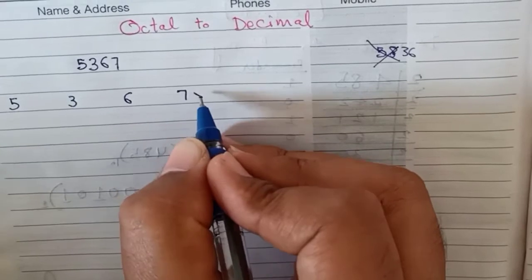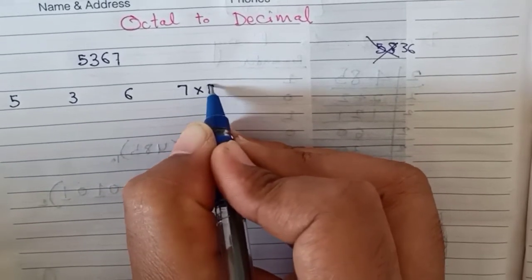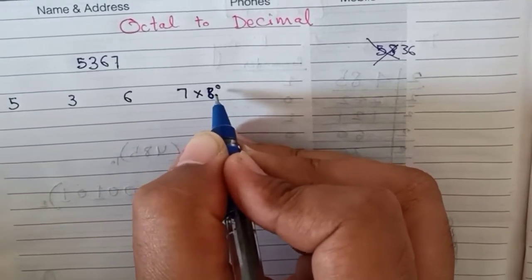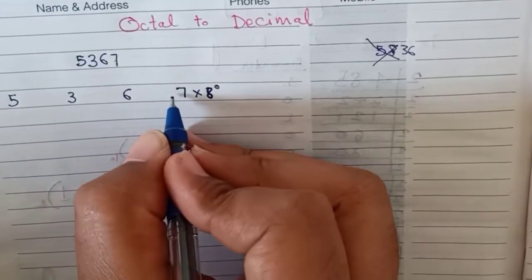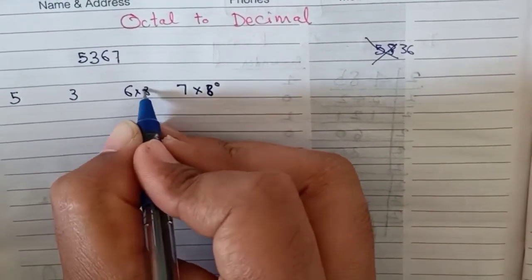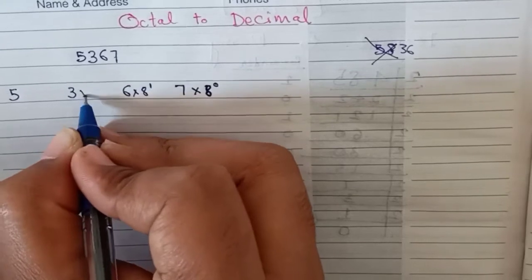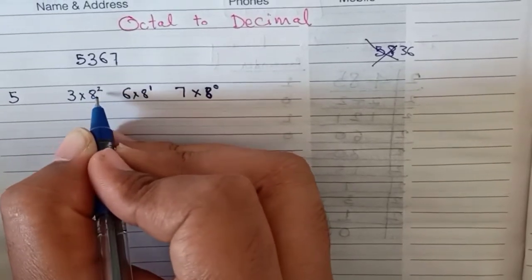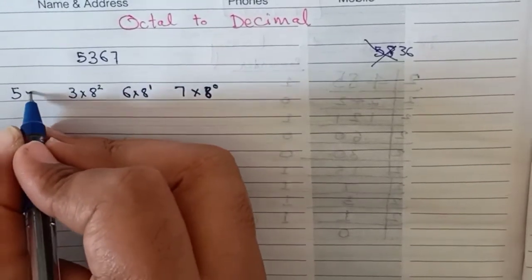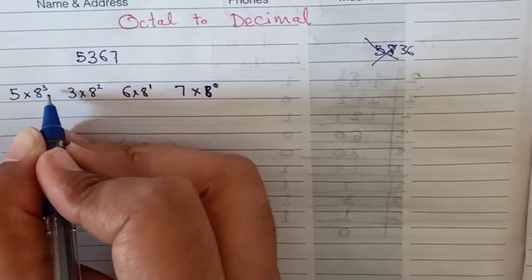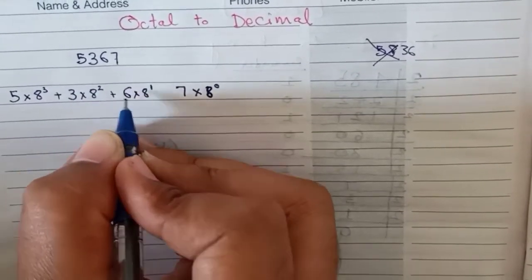So 8 raised to the power 0, 8 raised to the power 1, 8 raised to the power 2, 8 raised to the power 3, and add all of these.